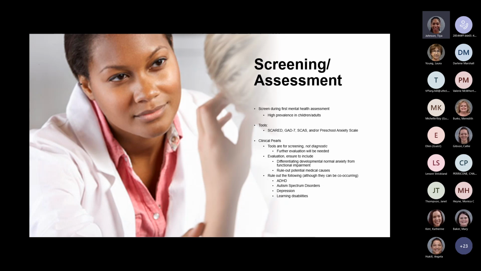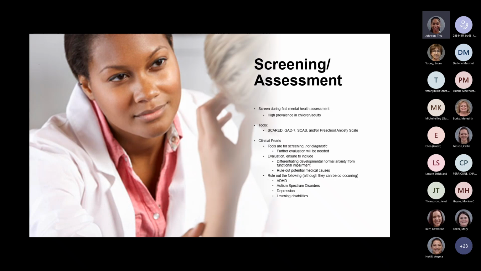Now, regarding the screening and assessment of anxiety disorders, screening is recommended during the first mental health visit because there is a high prevalence of anxiety disorders among children and adolescents. Early identification can facilitate early interventions. Tools that you can utilize for the screening of anxiety in children and adolescents include the SCARED screening tool, which stands for Screen for Child Anxiety Related Emotional Disorders, the GAD-7, which is the Generalized Anxiety Disorder Screen, the SCAS, which is Spence's Children's Anxiety Scale, and or the Preschool Anxiety Scale, which is a parent version.